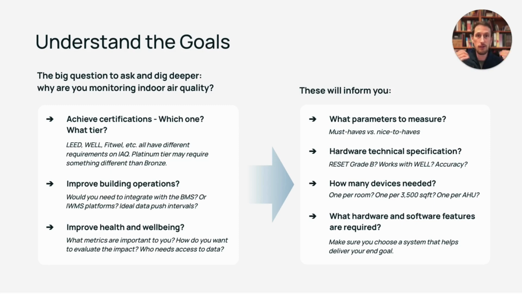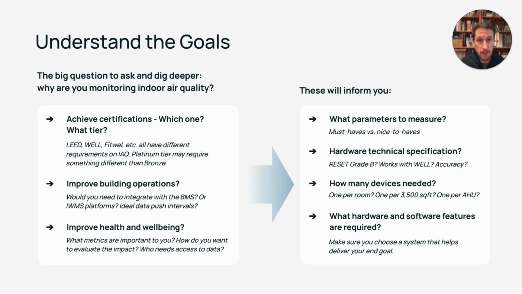It just adds another layer of complexity. So if that is your goal, then that will also impact what you're looking for in a vendor. And I think there's a lot of questions that you can ask when working with potential suppliers to make sure that they can actually help you in this journey of translating raw air quality data into the metrics that matter for you.